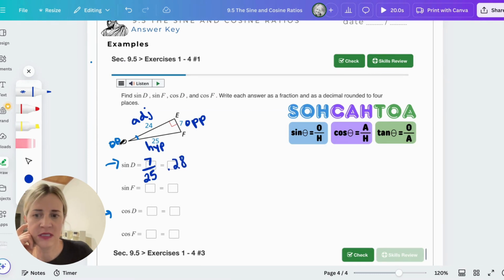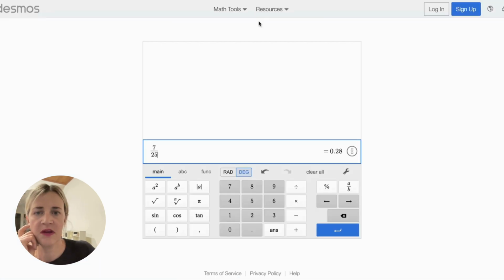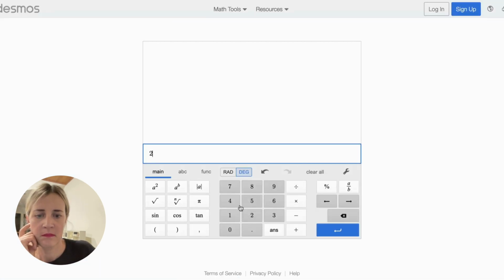Cosine of angle D, we're still looking at angle D. Cosine is the ratio of adjacent over hypotenuse. So the adjacent is 24, over hypotenuse, 25. Again, can't reduce that. 24 divided by 25 is 0.96.